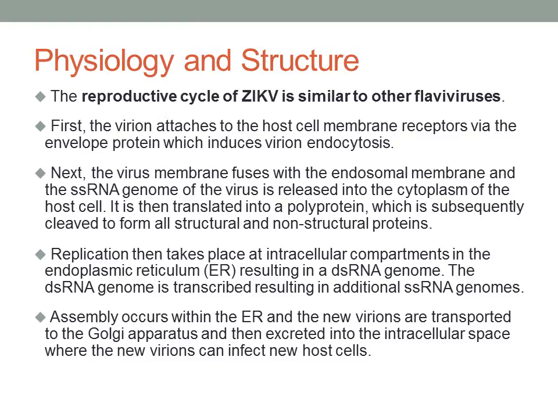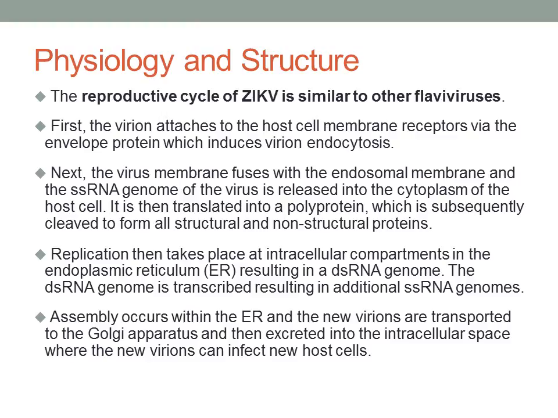In the late phase, replication takes place at the intracellular compartments in the endoplasmic reticulum, resulting in a double-stranded RNA genome. This double-stranded RNA genome is then transcribed, resulting in additional single-stranded RNA genomes.